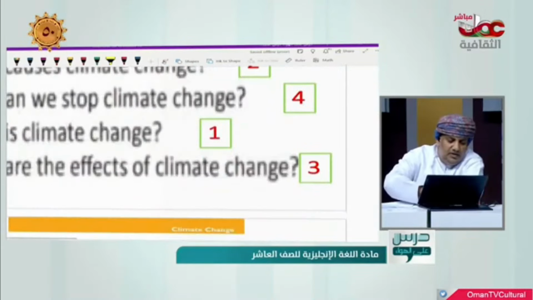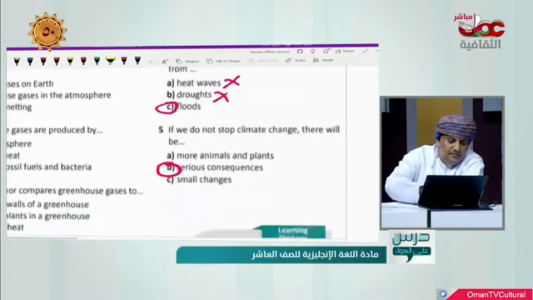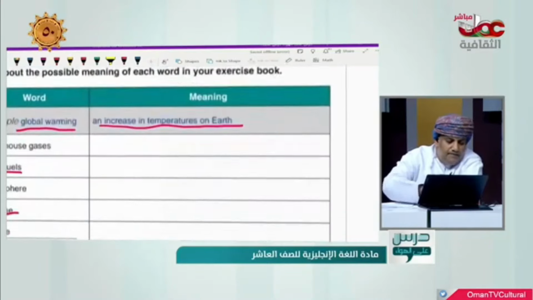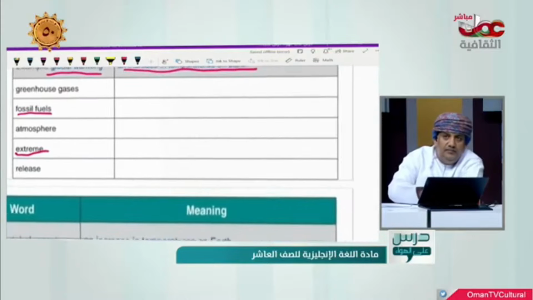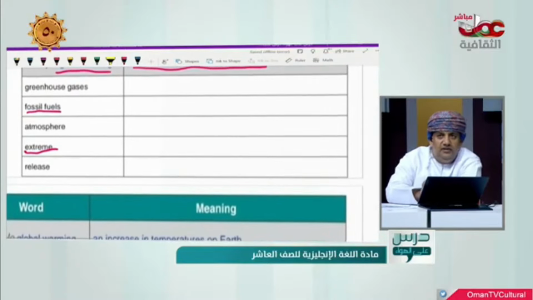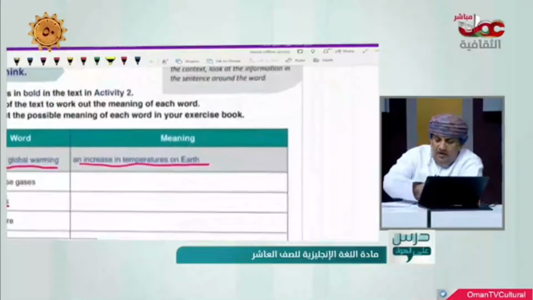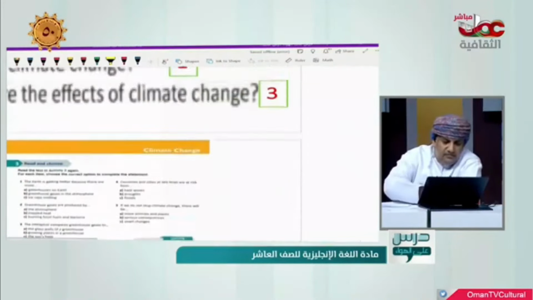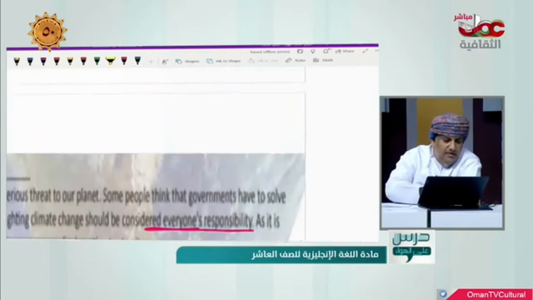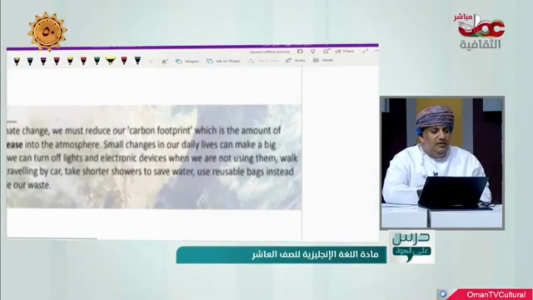So let's look at the last one, release. The word release, the final one. I think it's on paragraph number 4. Yes, paragraph number 4.